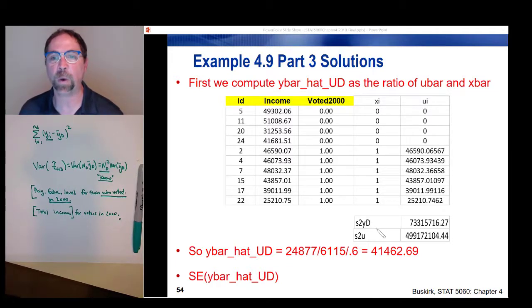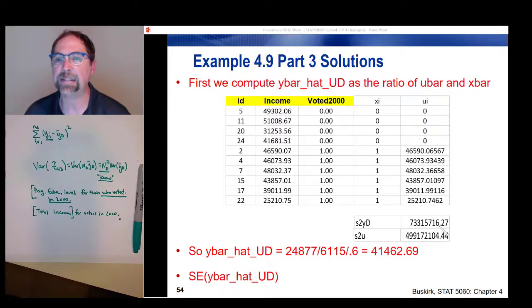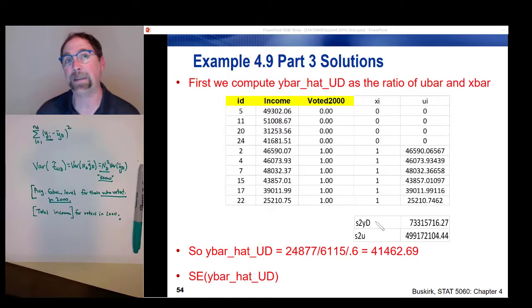We're going to need each of these quantities because we're going to assume that we either have y bar d or we don't. And so the idea is, s squared yd is the sample variance among the non-zero elements, and s squared u is the sample variance among all elements. You'll notice that s squared u is larger than s squared yd.